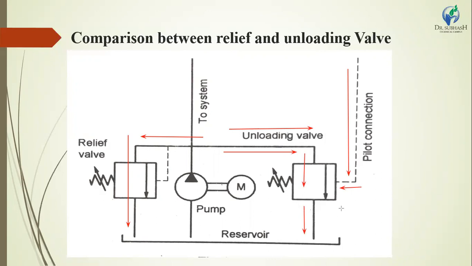So at this time oil flows from the pump through the unloading pressure control valve and returns to the tank, and hence it reduces power losses and does not generate heat from the higher pressure during the working of the hydraulic cylinder.